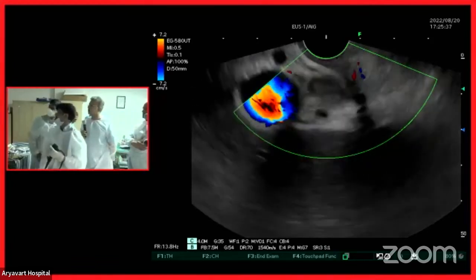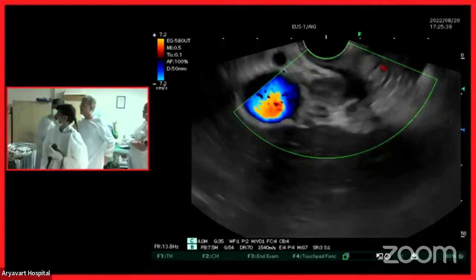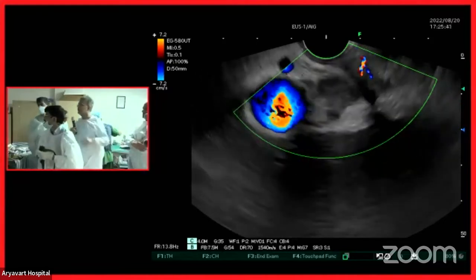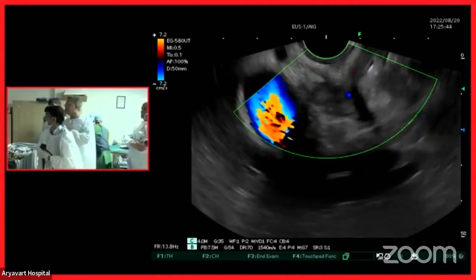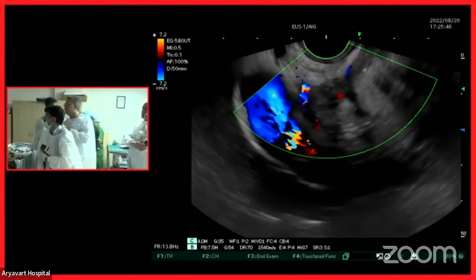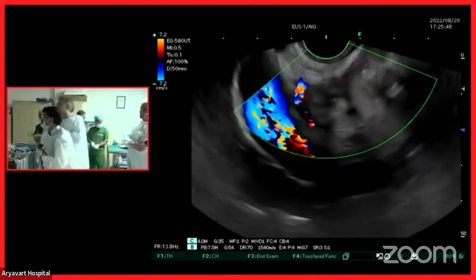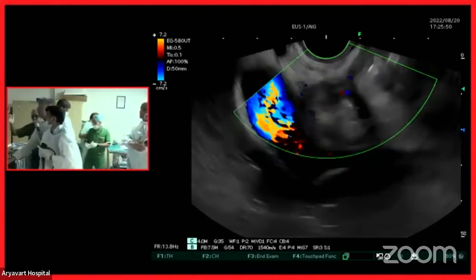What I'm unable to do yet is, if you put it a little bit inside, you can probably see the bile duct coming up. Yes, now it will come. Maybe.